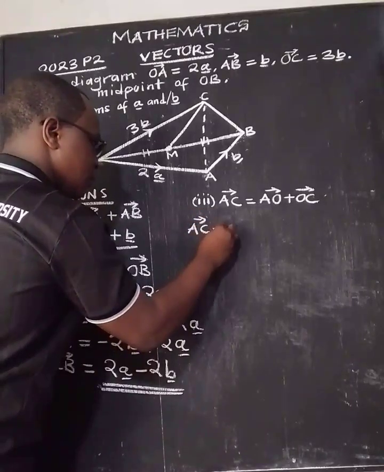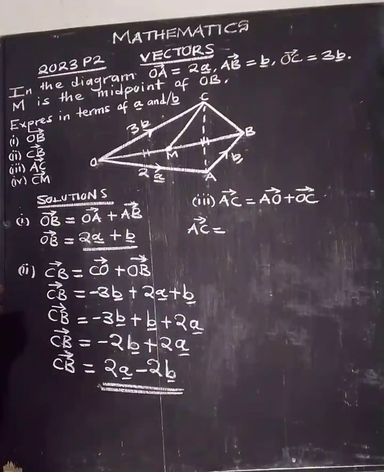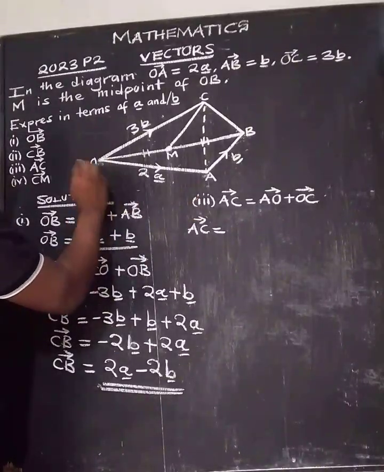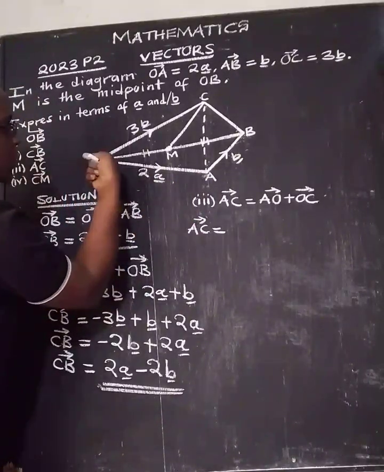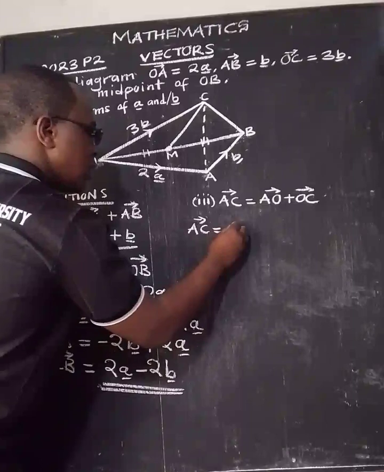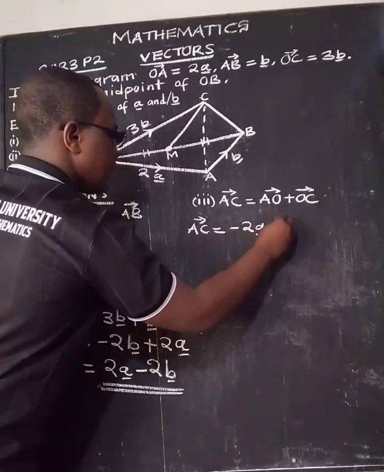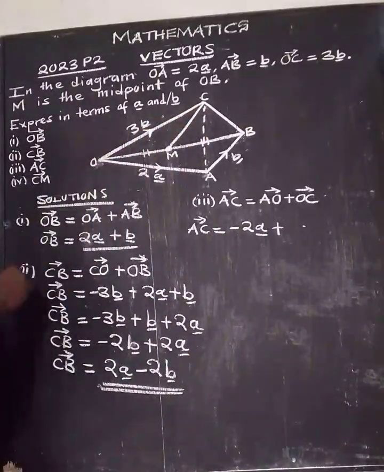AC is equal to, what is AO? AO, we're moving against the direction. The direction is moving from O going to A, but as we're moving from A going to O, we're going to have negative 2 vector A plus, what is OC? OC, we're moving in the correct direction.